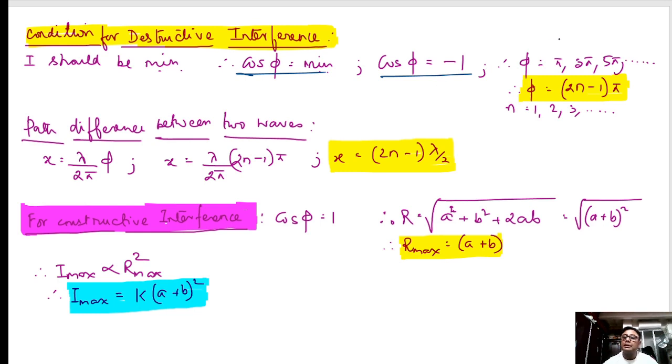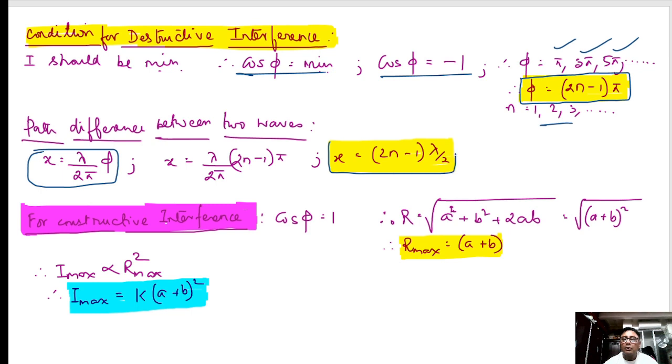That means the phase difference should be pi, 3 pi, or 5 pi, that is, 2n minus 1 into pi. This is the condition for the phase difference for destructive interference. Now we know the path difference is lambda by 2 pi into phase difference. So putting in the phase difference gives the condition for the path difference of destructive interference.